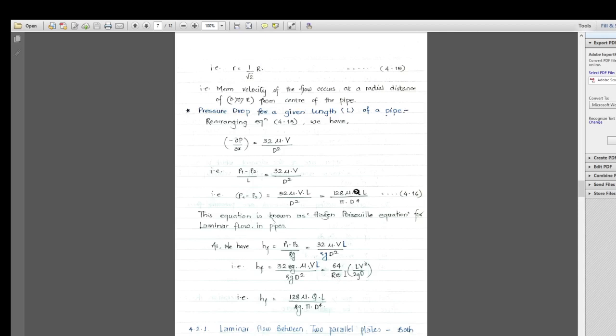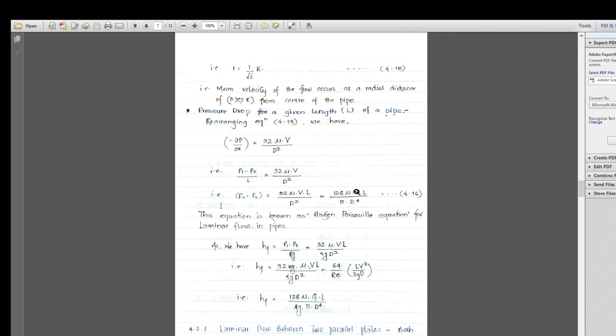So 64 by Re into L V square by 2 g d will be hf. We can also write it as 128 mu into Q into L by rho g into pi d raised to 4.